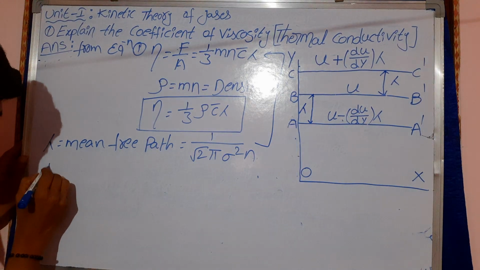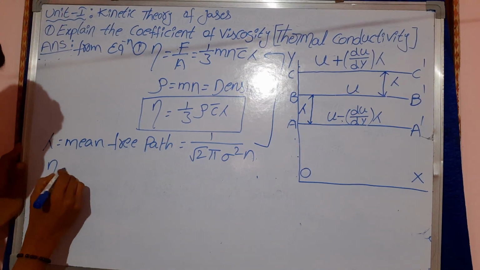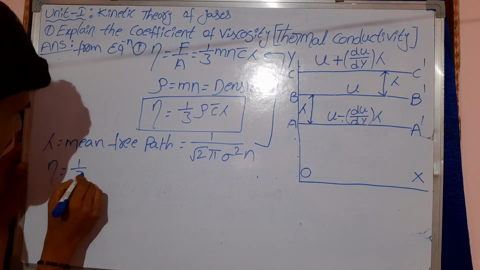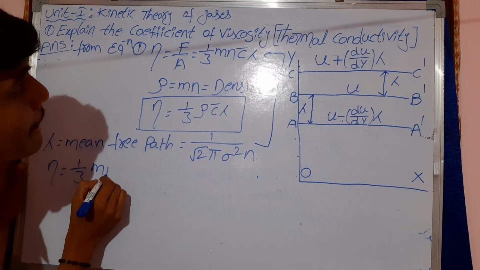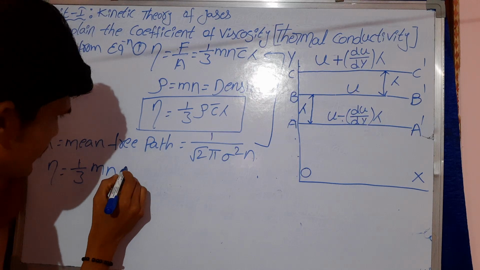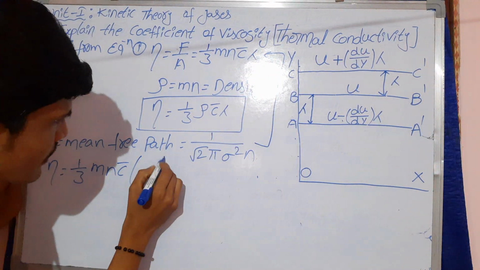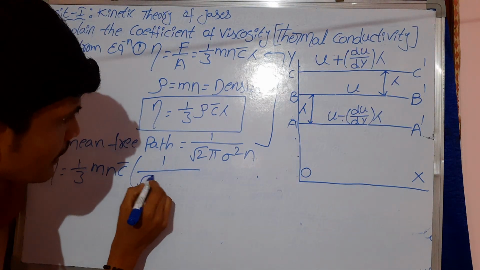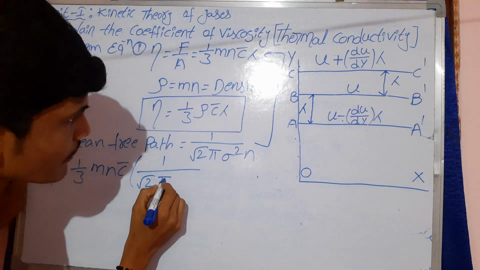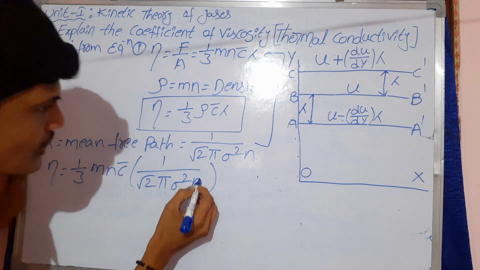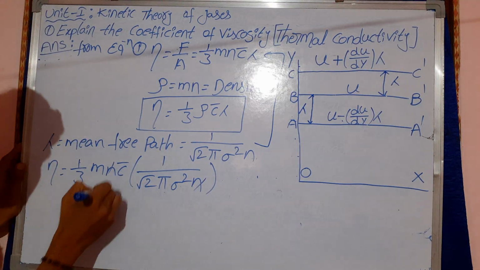So eta equals 1 by 3 m n c bar into lambda, where lambda means 1 by root 2 pi sigma square n. So n cancels.